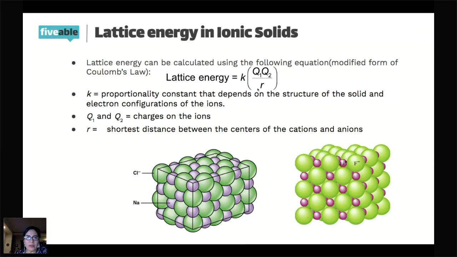So the smaller the radius, the greater the lattice energy, and the greater the charges, the greater the lattice energy. Following the same reasoning, sodium and chloride are in the third period of the periodic table. Do you remember in which period the elements lithium and fluorine are located?